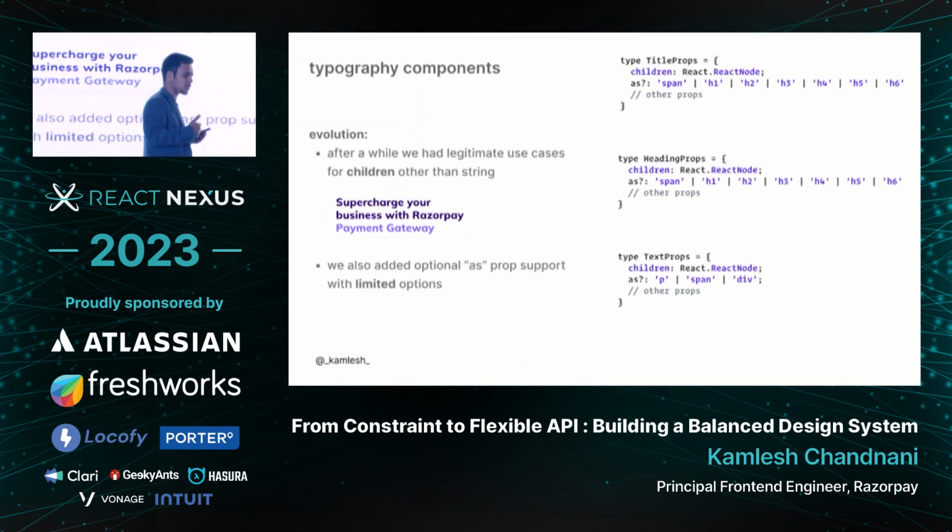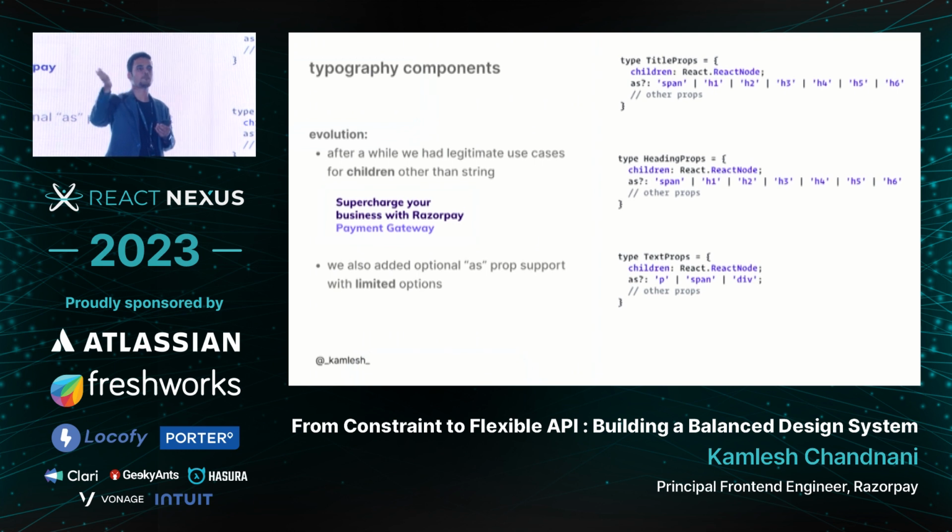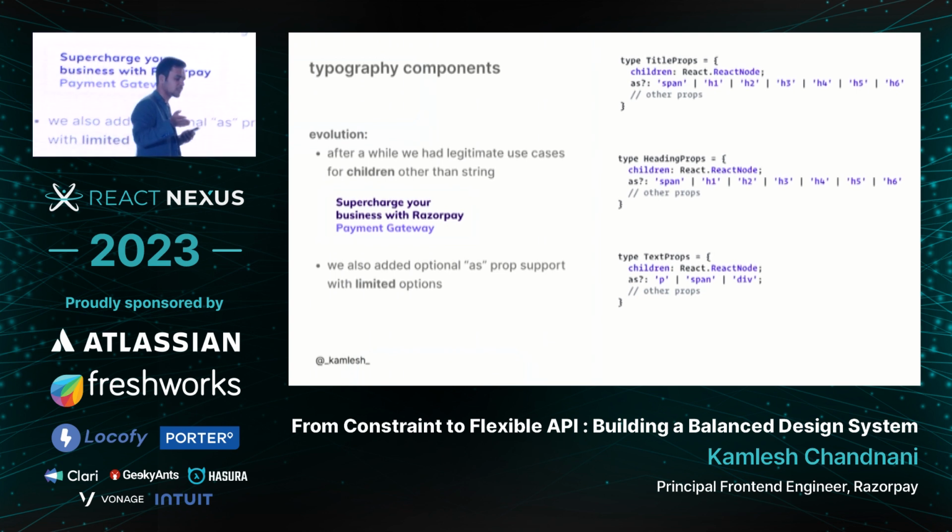So then we had a use case on landing pages, right? That we need to have multicolor text in one single line. And then there were also use cases where people wanted to configure the corresponding header text. So what we decided was that sure, we will just convert the strings to accept any React node, right?